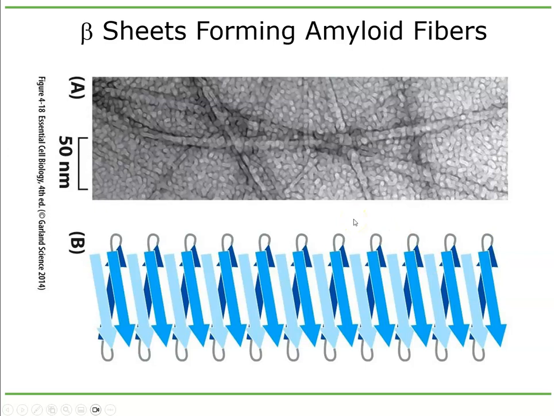Here's an example of misfolded proteins, and this is how we typically will generate, and I flipped this to the side, but you can see these big strands of secondary structure, these beta sheets that form the amyloid fibers. These misfolded proteins become insoluble and stick together, and it's all backbone based.